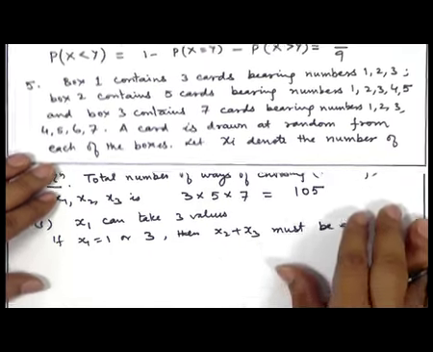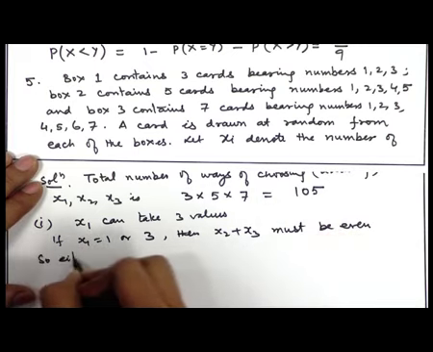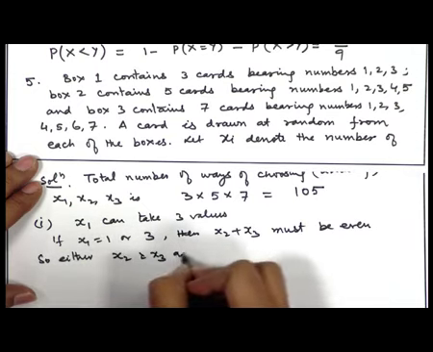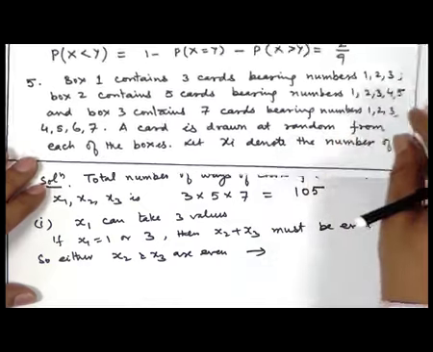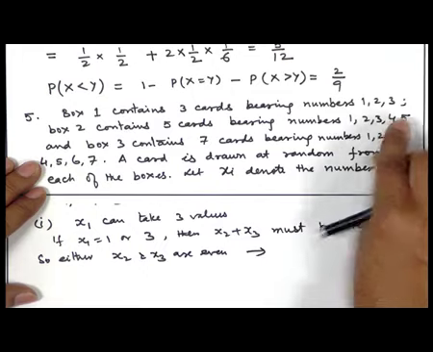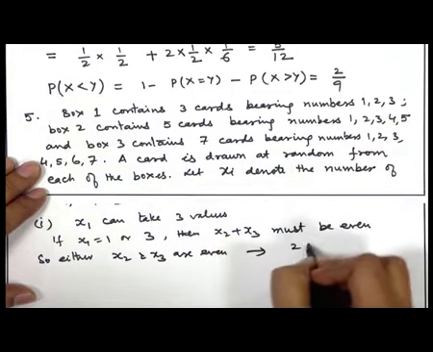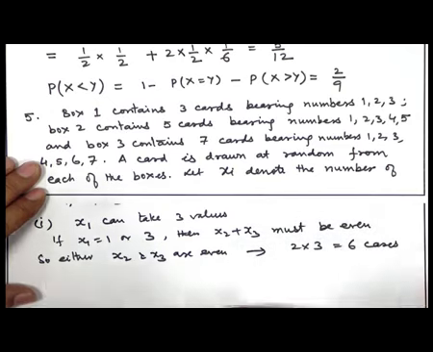So, let us look at this, is much easy to look at. So, either x2 and x3 are even. So, that is possible in how many ways? For x2 you have even possibilities 2 and 4, and for x3 you have even possibilities 2, 4 and 6. So, there are total 2 into 3, that is 6 cases.